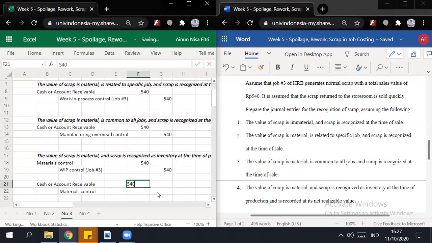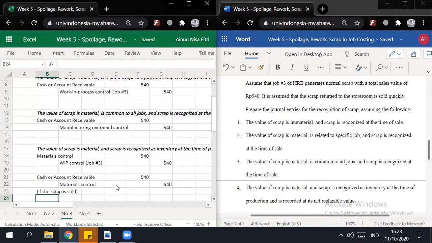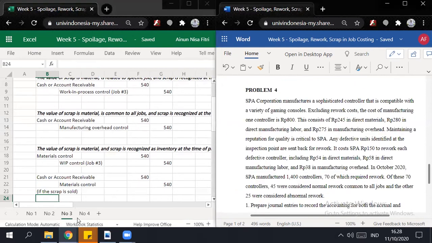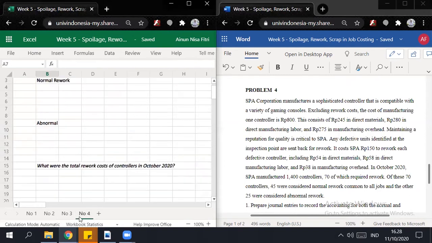Okay, so once again, please note that the second journal is the journal that you have to make if the scrap is sold. Okay, that's all for number 3. Let's move on to the last question, or problem number 4. Okay, problem number 4.